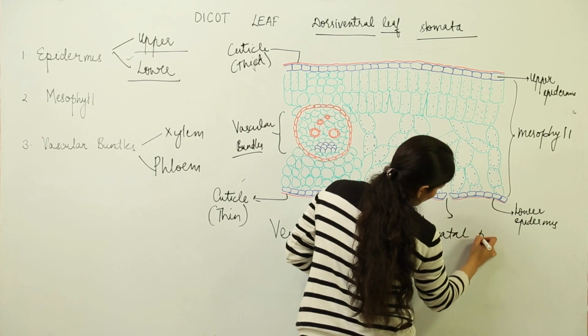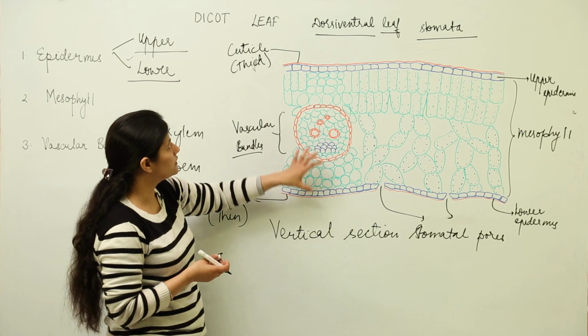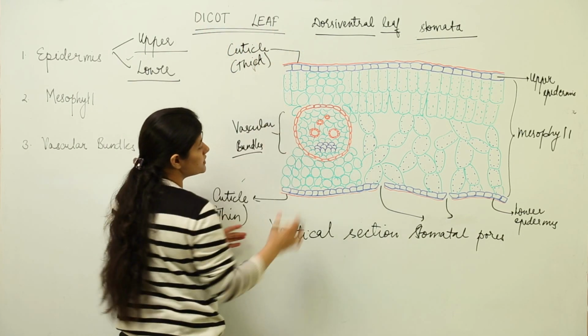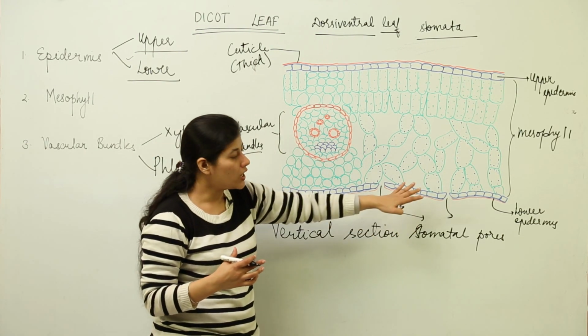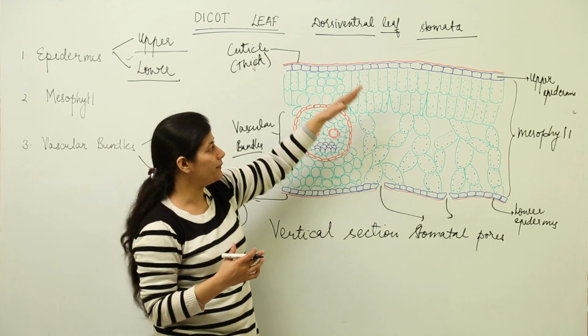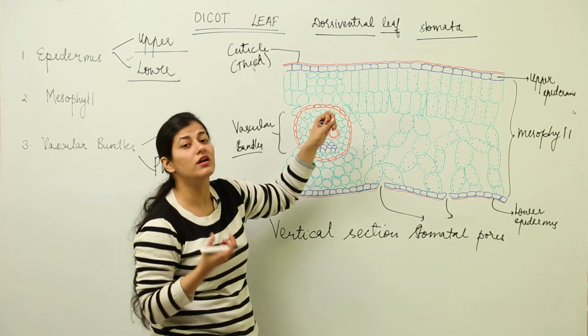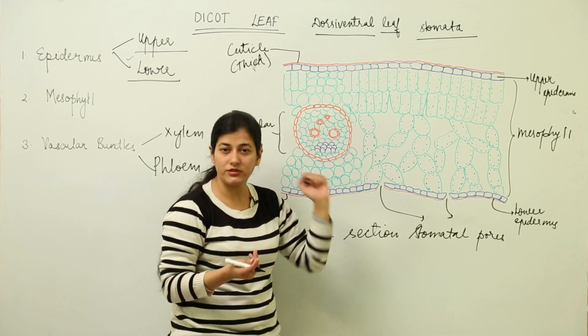These small openings are the stomatal pores, and because we are taking into consideration a dicot leaf, the stomatal pores are in abundance on the lower epidermis. There would be many stomatal openings on the lower epidermis. Comparatively, upper epidermis has few or least or none of the stomatal pores present in it. So this is all about epidermis.